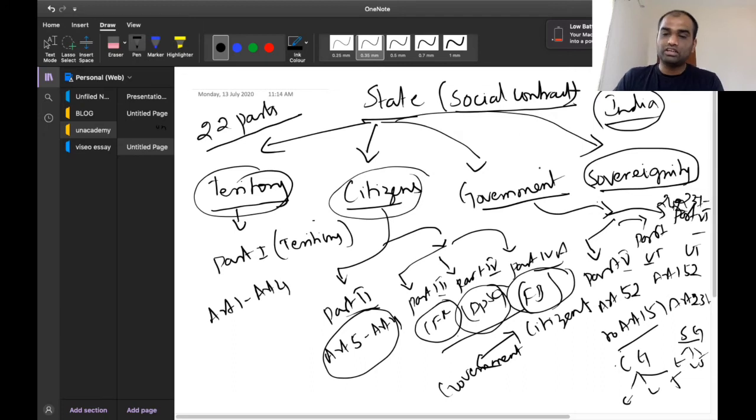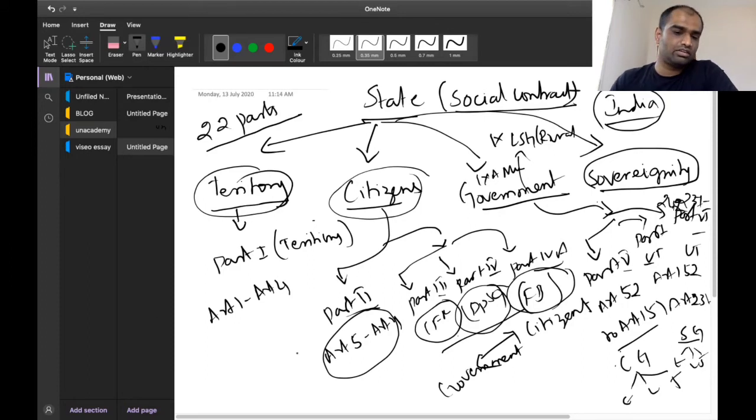Okay. And then there is Part 9. Part 9 talks about local self-government, especially rural areas. There is Part 9A. It talks about municipalities. So, if you look at the classification itself, the Constitution has been classified based on the requirements to be constituted as a state.